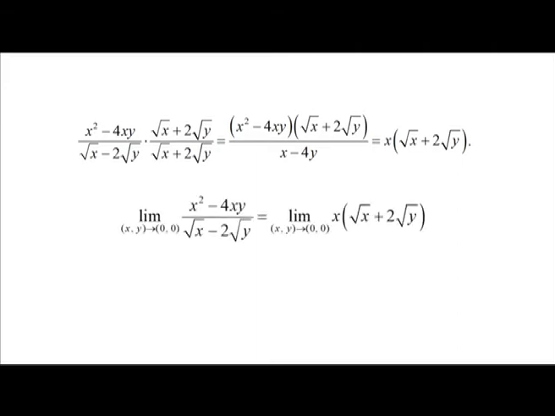Hence, the limit as (x, y) approaches (0, 0) of x square minus 4xy by root x minus 2 root y is equal to the limit of x times root x plus 2 root y, which is equal to 0 times root 0 plus 2 root 0, which is equal to 0.